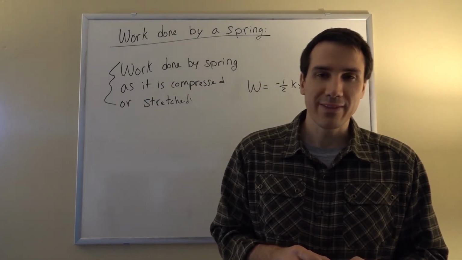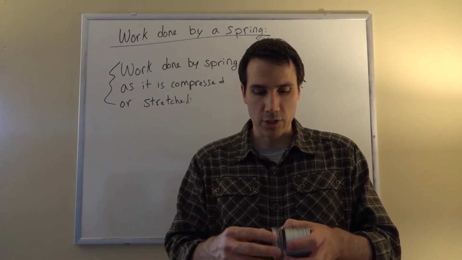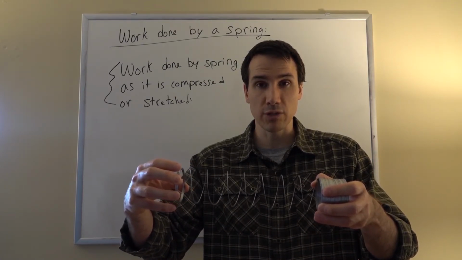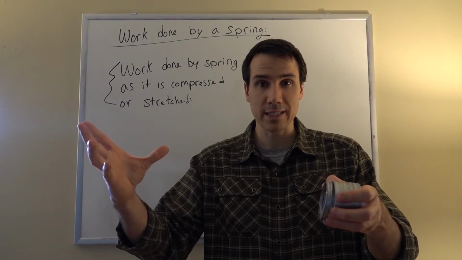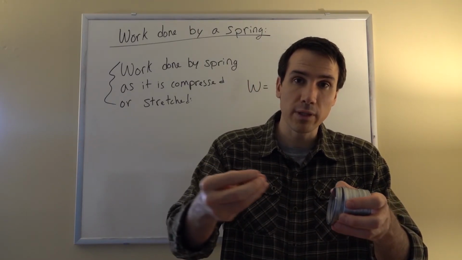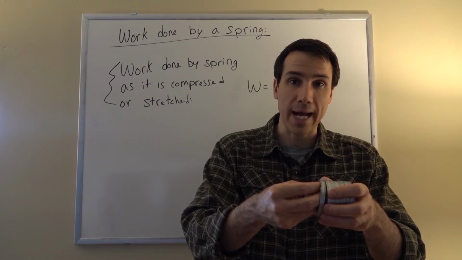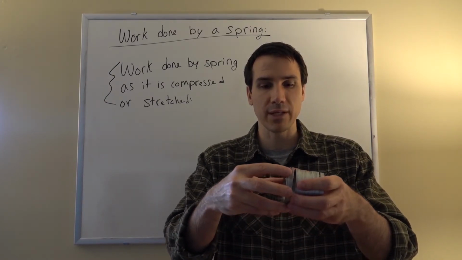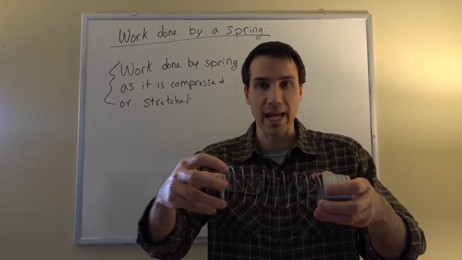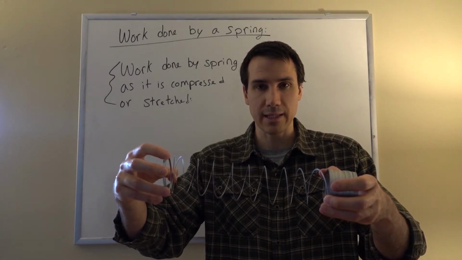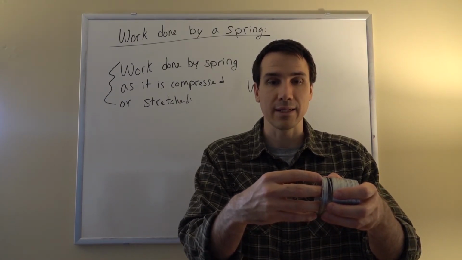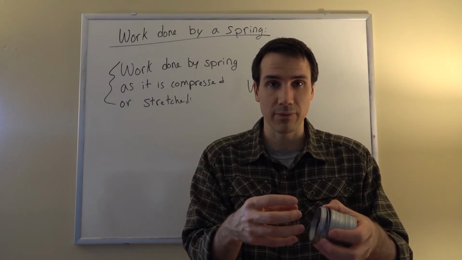Now, we can think about this process in reverse. So I can think about stretching the spring, having the spring do some amount of work, and then if I release the spring, all of that work is given back by the spring, right? So the spring is doing negative work as I extend it, and it's doing positive work as it collapses back in on itself, right?